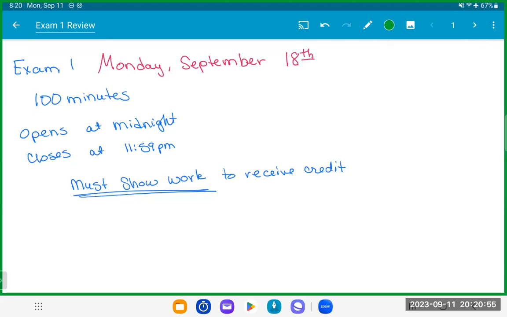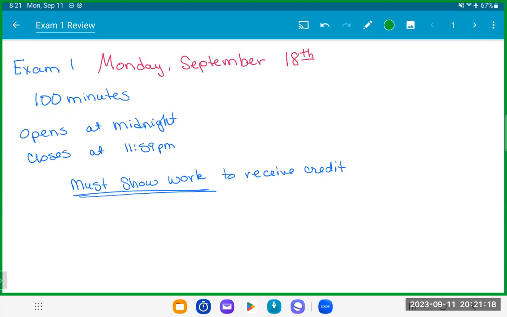So it's important that you budget your time appropriately. We will not have class lecture on Monday. That gives you the opportunity to take the exam during our regularly scheduled class time, if that's the only time you have available in your schedule.